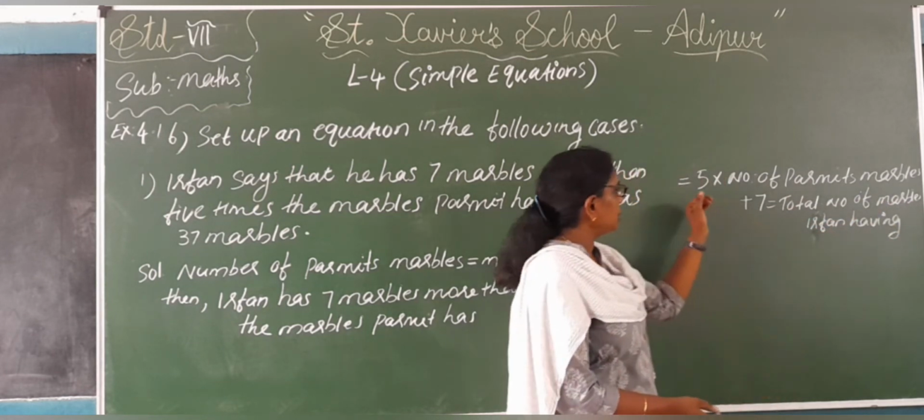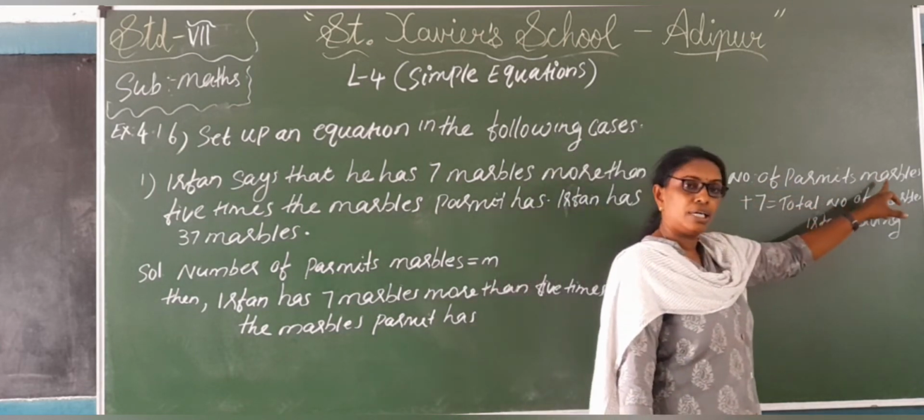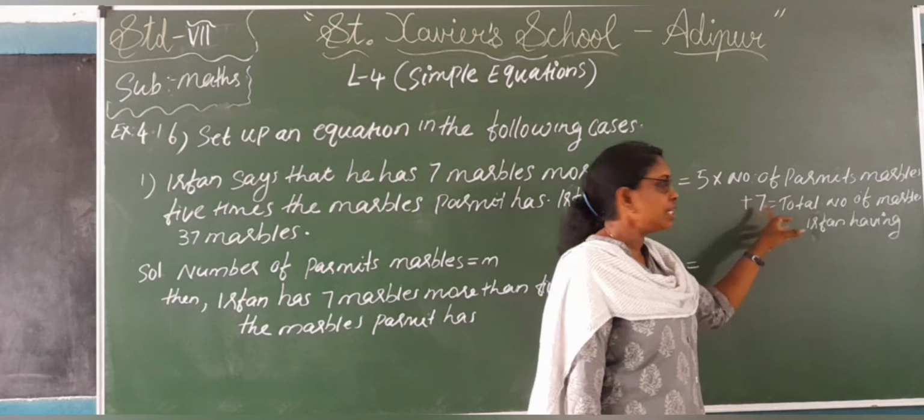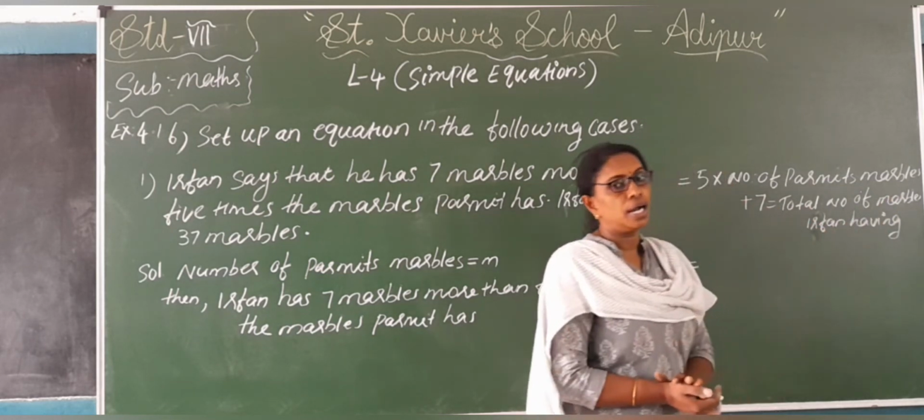What's the equation? 5 times the number of Parveen's marbles, which is m, plus 7 is equal to the total number of marbles Irfan has.